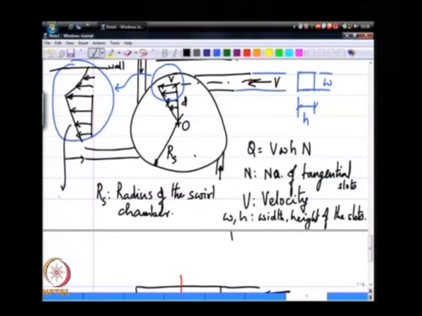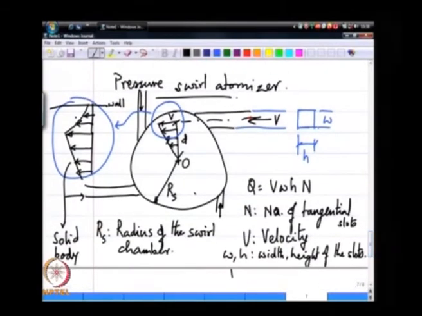So, you have two parts, you have this solid body rotation on the inside and a potential swirl kind of a flow on the outside.